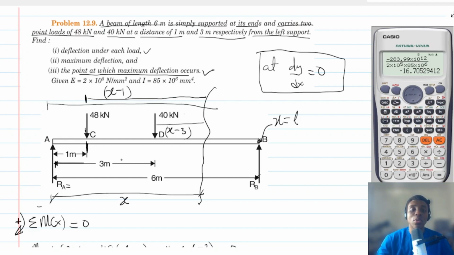But then this is what we are going to do, because we are assuming that the maximum deflection is going to occur somewhere between C and D. Then we are going to use only the force which is between C and D for our analysis. You will clearly see that.